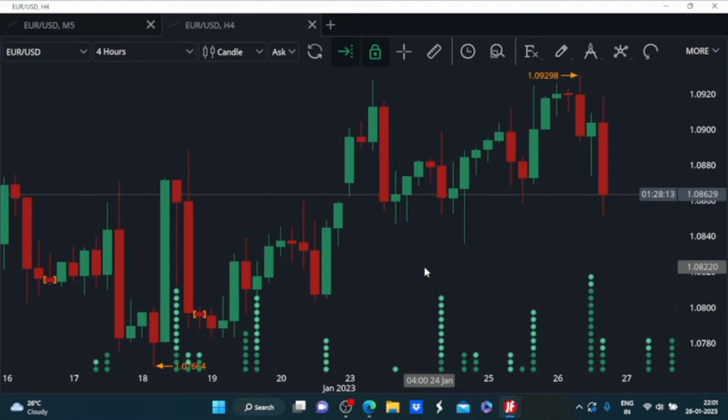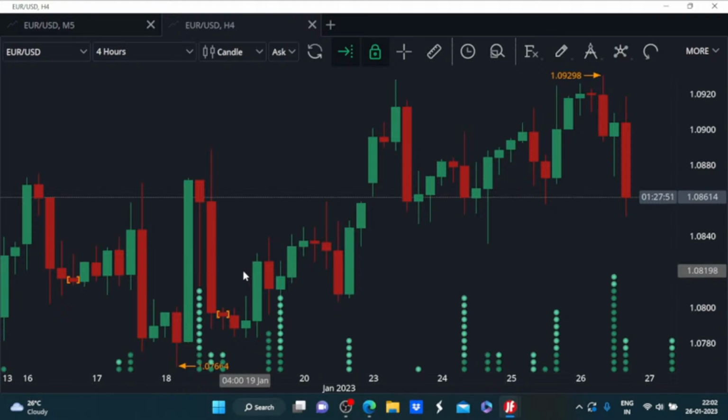That is the whole purpose of this presentation, to make you aware of the advantages as well as some limitations of these patterns which keep shaping up on the chart with quite some frequency. All we have to do is look at it and decide whether to go for the trade or to simply sit on the sideline. That is something we always have to decide whenever the formation appears on the chart.